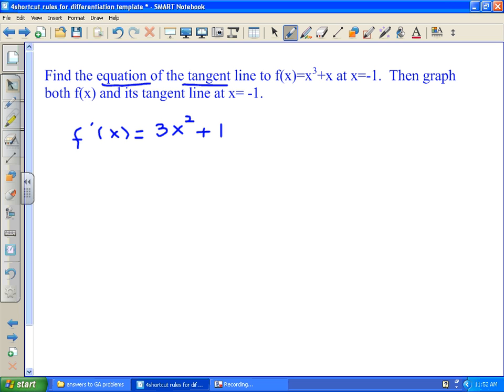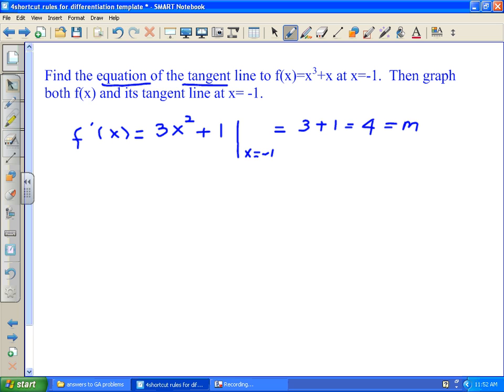That's of the form m times x, where m is 1. Okay, this is the slope in general for any x, but we want it evaluated at x equals -1. So here we have 3 times (-1) squared, which is 3, plus 1. So we get 4. This is the slope of our tangent line at the point -1.